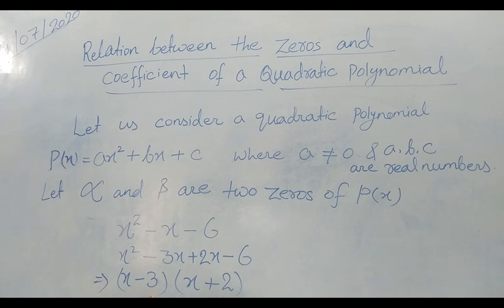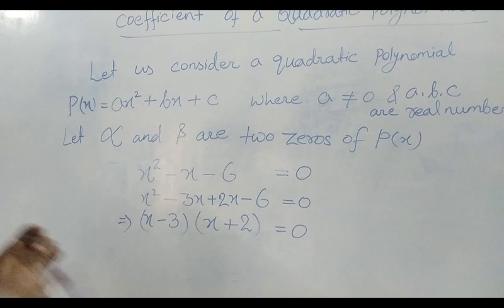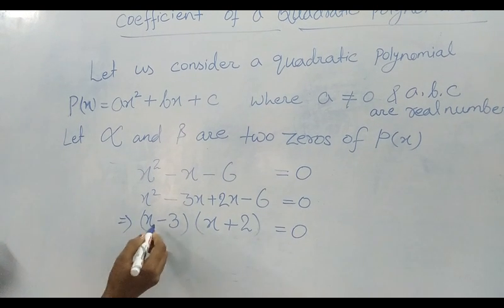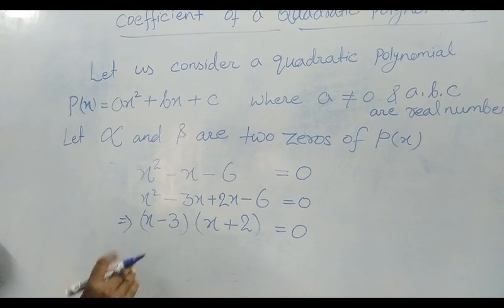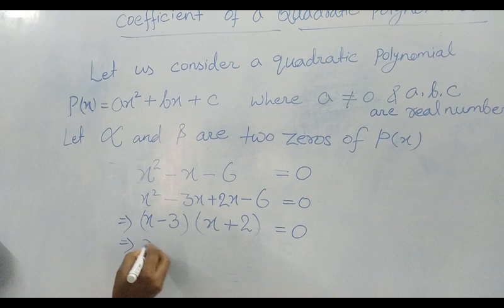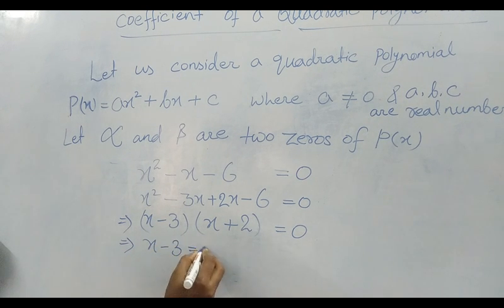So when we find out the zeros of a quadratic polynomial, then what do we do? We make the polynomial equal to 0. So we have the two factors, x minus 3 and x plus 2. To find out the value of x, we make each of the factors equal to 0.